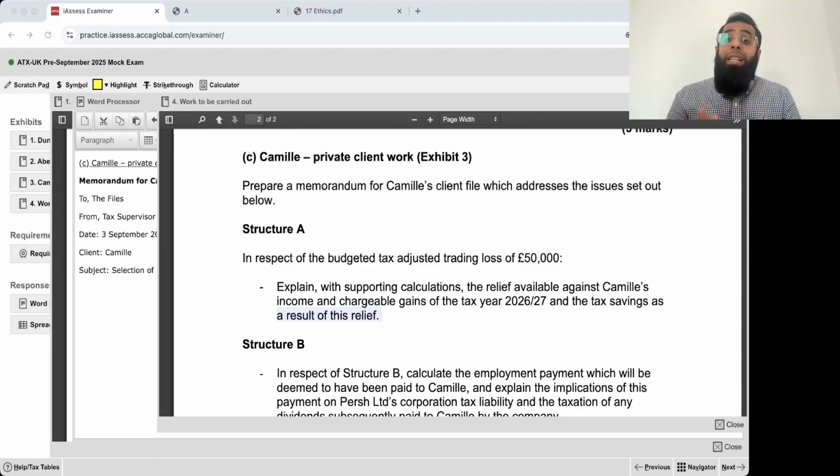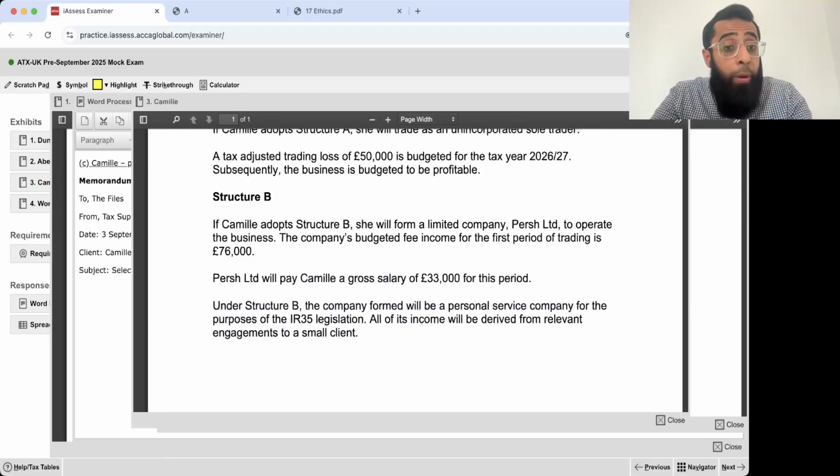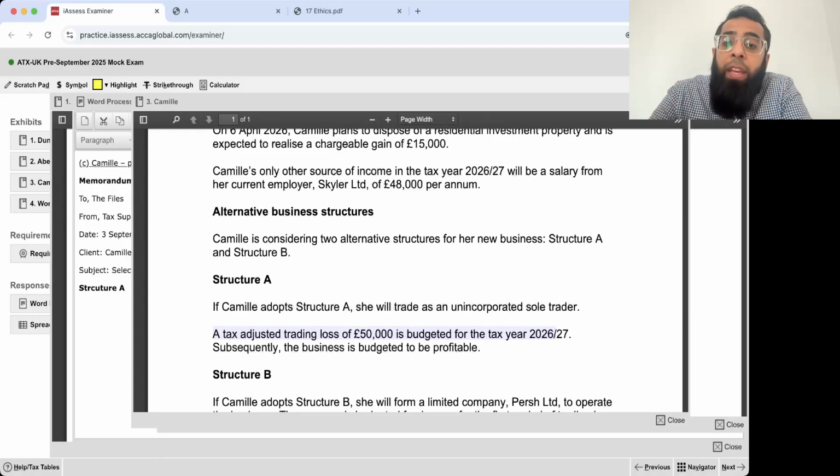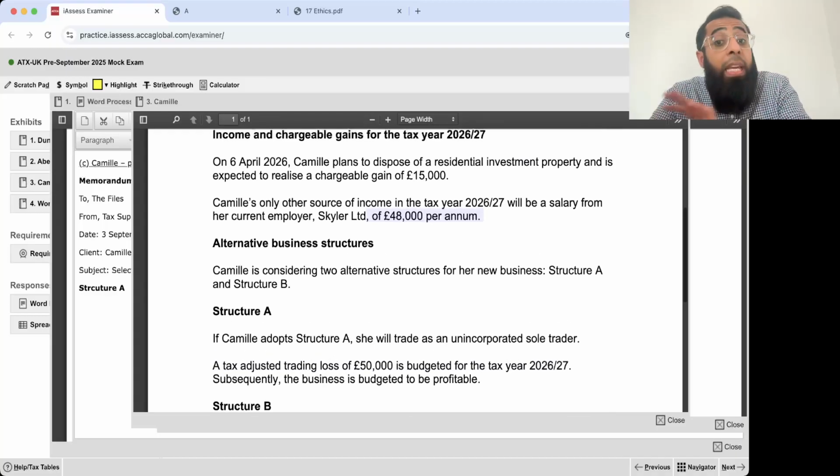So we have to discuss the loss relief which Camille will get when she offsets this trading loss against her employment income and the chargeable gains. In relation to structure A, it is a very easy requirement. This loss relief will offset the total income. Now, total income of Camille is her employment income; gains are separate.